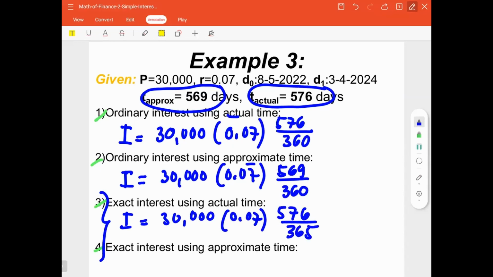So this will also be 30,000, then 0.07, then 569 over 365. That's the approximate time.